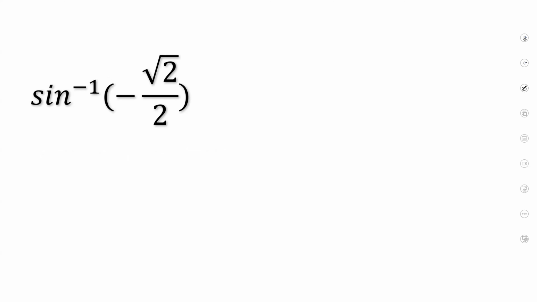You should be asking, where does sine equal negative square root of 2 over 2? All right, class. Raise your hand if you got 7 pi over 4. That is all wrong. It is not 7 pi over 4. Don't feel bad.